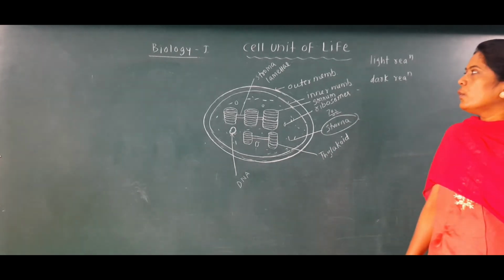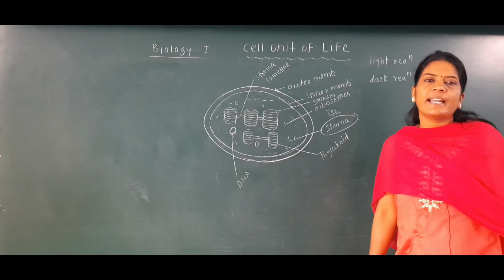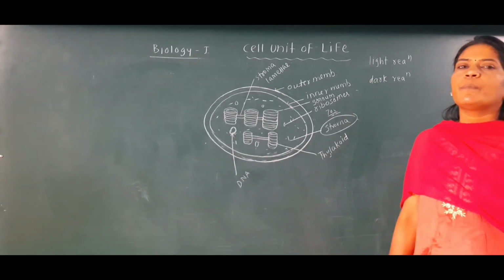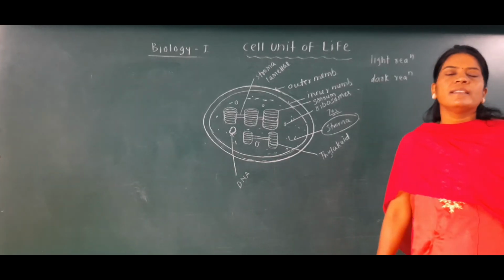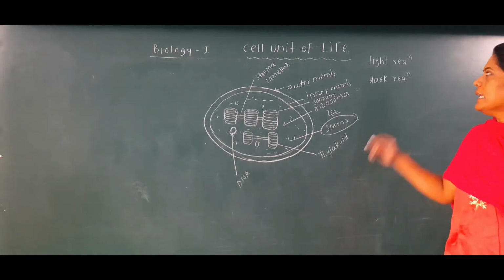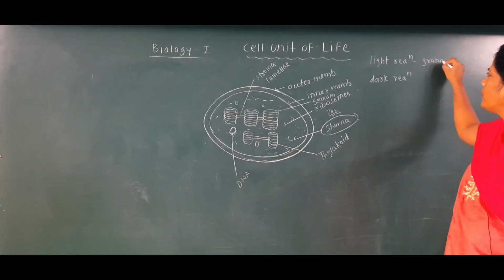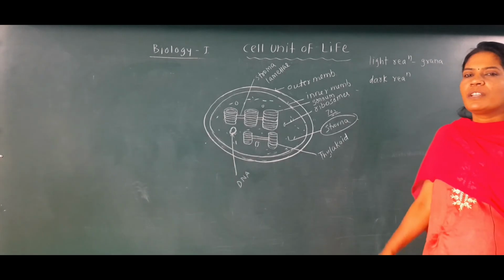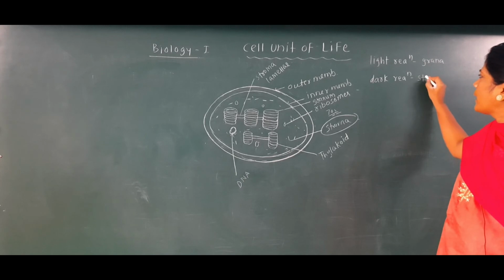Now, here we have to remember that light reaction, as the name itself indicates, is carried out in presence of light. Okay, and the dark reaction means this reaction is carried out in absence of light. So this light reaction is carried out in the grana part of the thylakoid, while the dark reaction is carried out in the stroma part of the thylakoid.